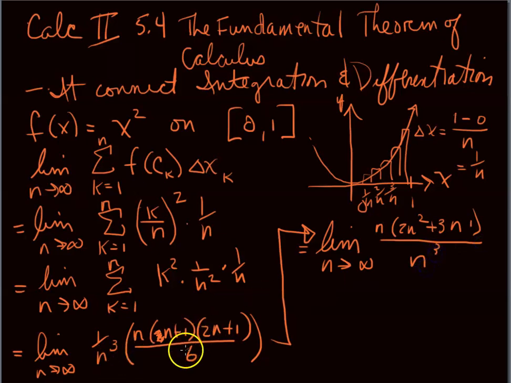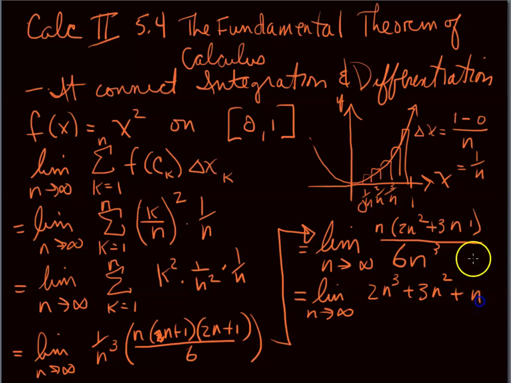Put this underneath with the 6, 6n cubed. Now let's distribute that n. So the limit as n goes to infinity of 2n cubed plus 3n squared plus n plus 1, over 6n cubed.